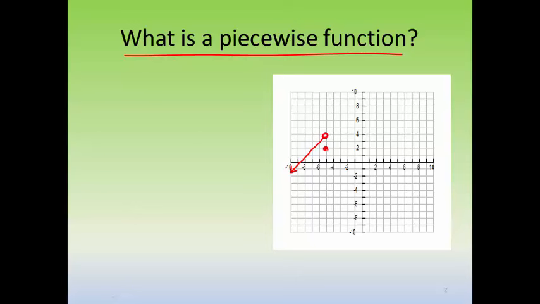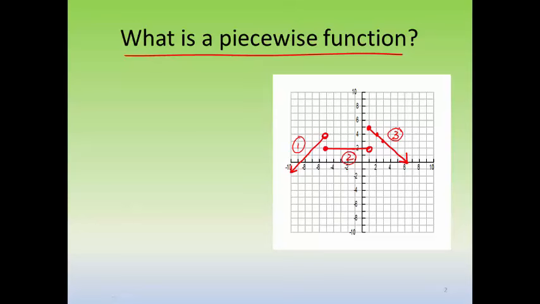Then this piece, maybe it's a horizontal line and it ends right here with an open circle, and then I have a closed circle somewhere else, and this one is another line that goes this direction. All right, now this is 3 pieces of a piecewise function. I've got piece number 1, piece number 2, and piece number 3.